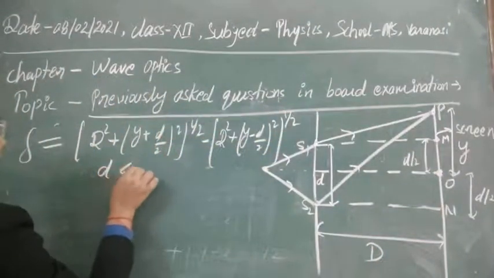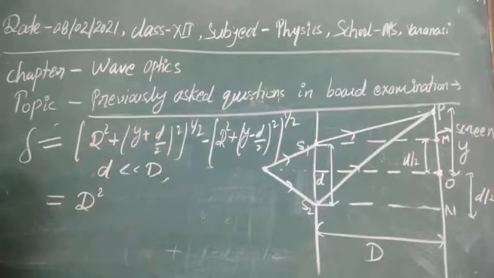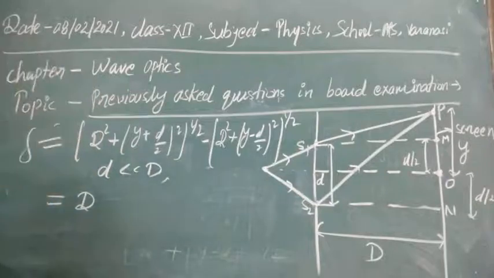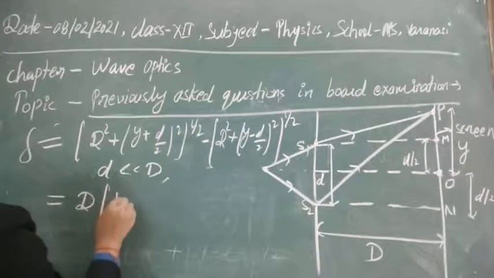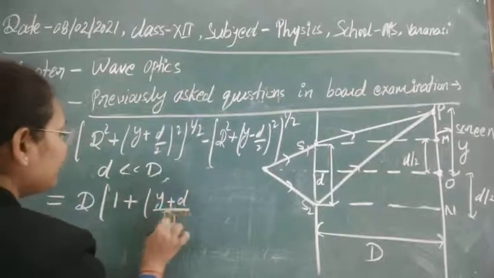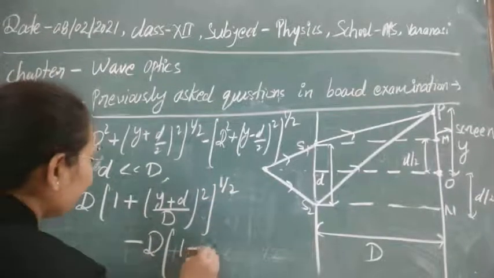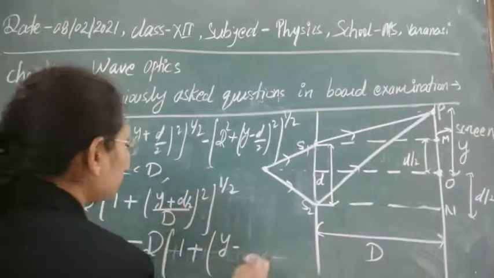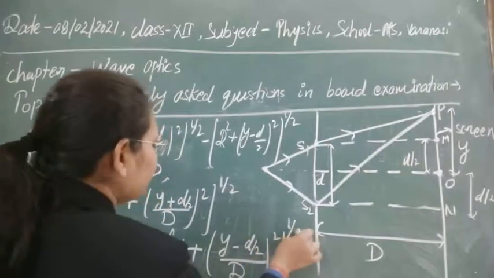As d is less than D, we can take D square as the common factor. Then D square to the power 1 by 2 means D will be outside. So this is equal to D times 1 plus y plus d by 2 over D, whole square, power 1 by 2, minus 1 plus y minus d by 2 over D, whole square, power 1 by 2.